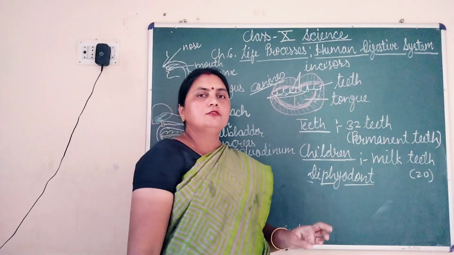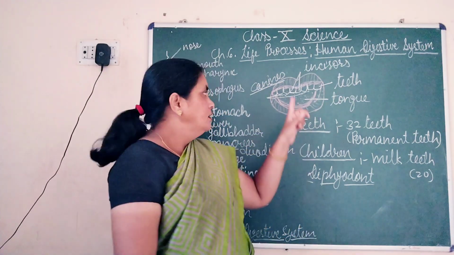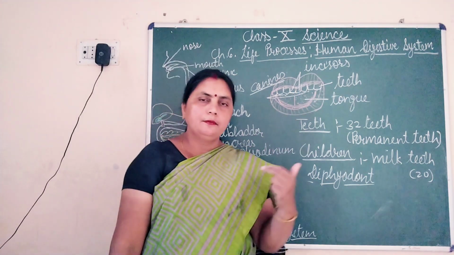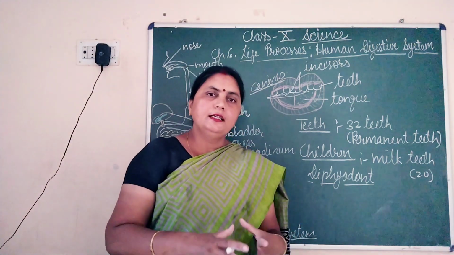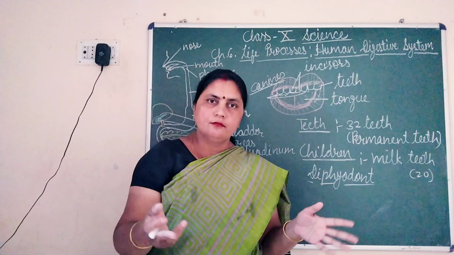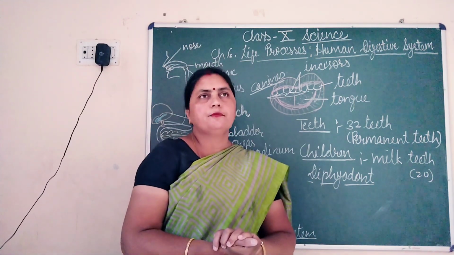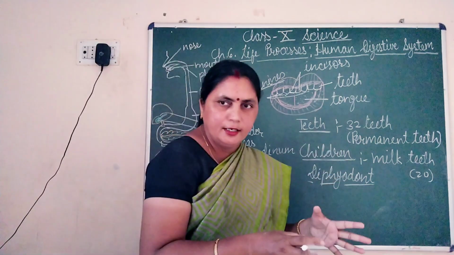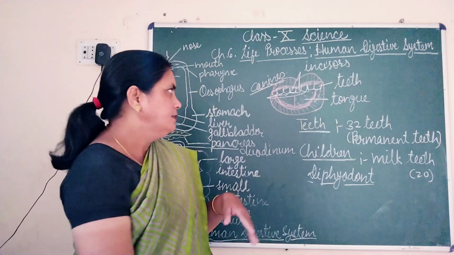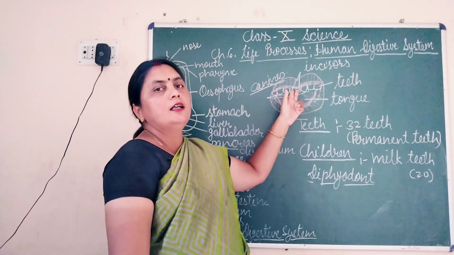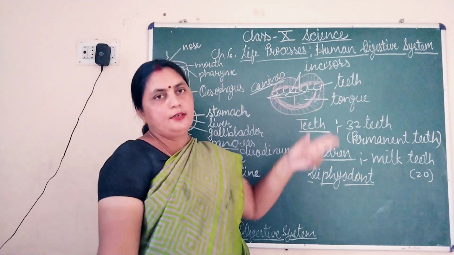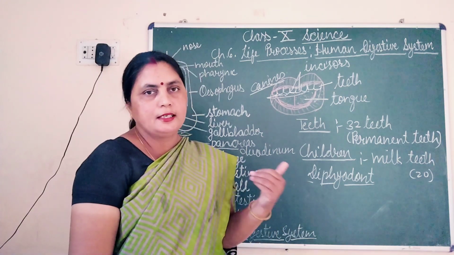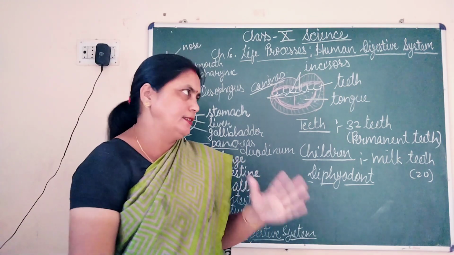Because incisors are used for cutting something, and herbivores depend on plants and plant products, mainly vegetables. This type of animals eat roots, stems or leaves, etc. For that, incisors are used the most. That's why incisors are long and strong in herbivorous animals like rabbit and rat, etc.